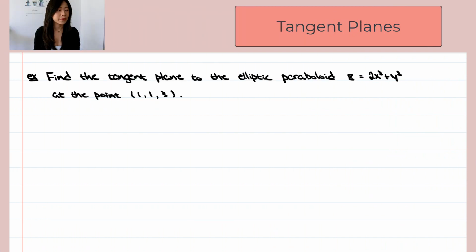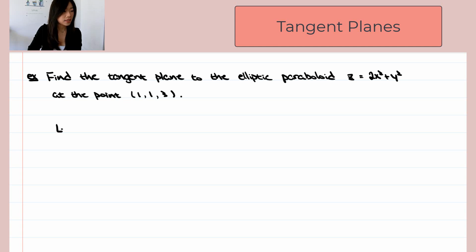Let's look at this example. Let's find the tangent plane to the elliptic paraboloid z equals 2 times x squared plus y squared at the point 1, 1, and 3. So using the equation that we just derived, we will need the partial derivatives of the function with respect to x and y at the point 1 and 1.